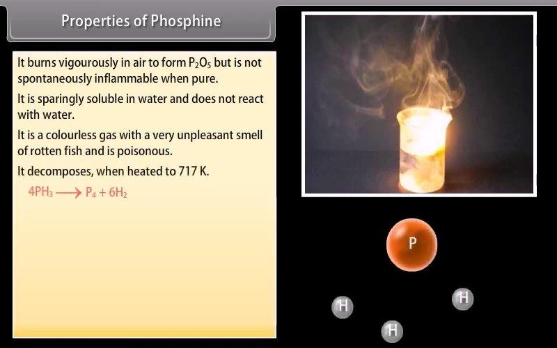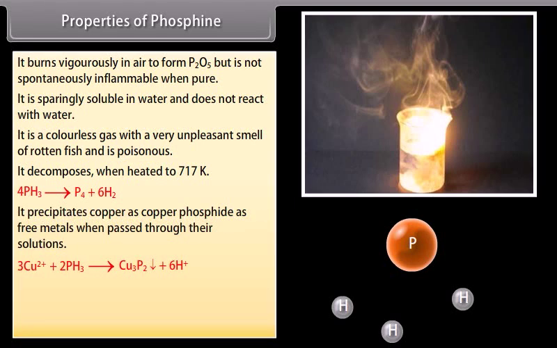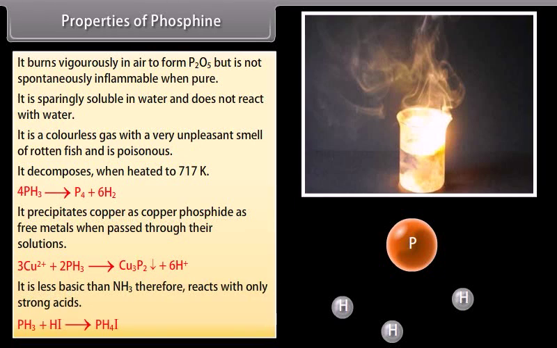It decomposes when heated to 717 Kelvin. It precipitates copper as copper phosphide, as well as free metals, when passed through their solutions. It is less basic than NH3, therefore it reacts only with strong acids.